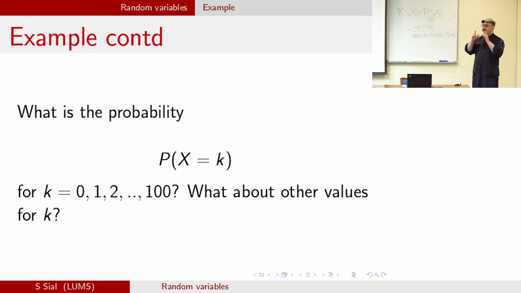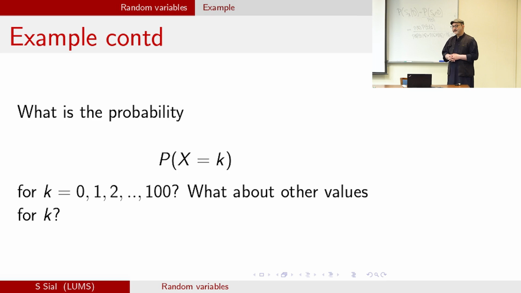The probability of not rolling a 6 once is 5/6. The probability of not rolling a 6 100 times is (5/6)^100. Okay? Because the rolls are independent, right? So that would be small.